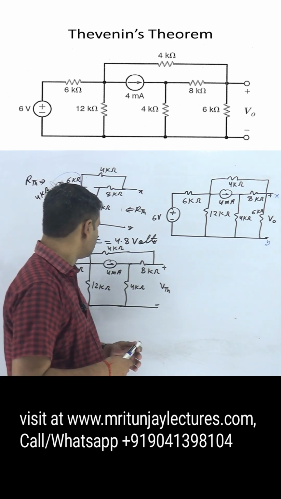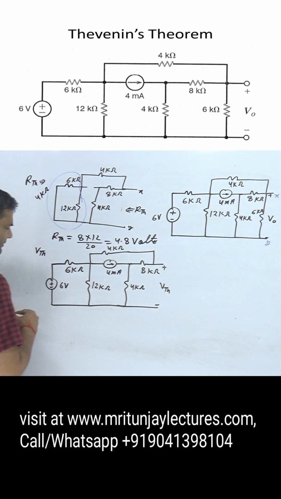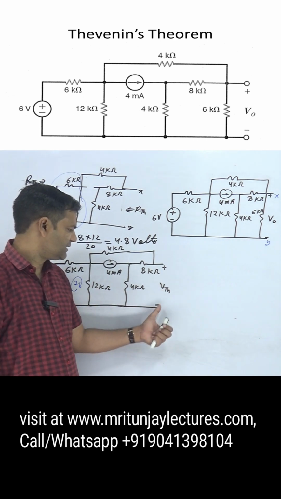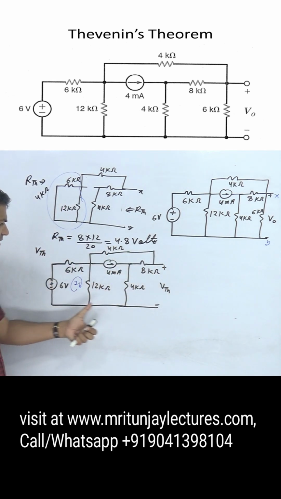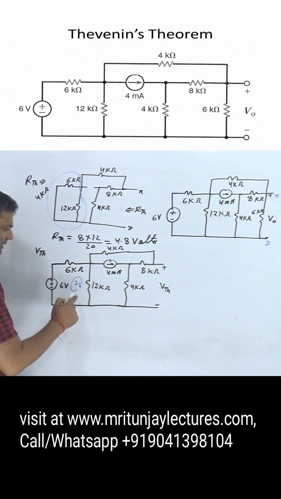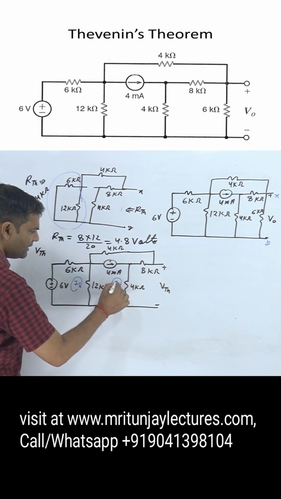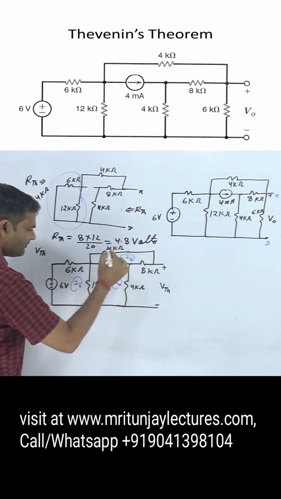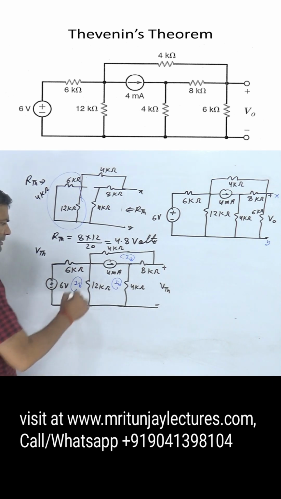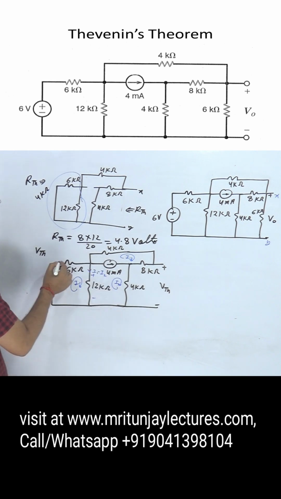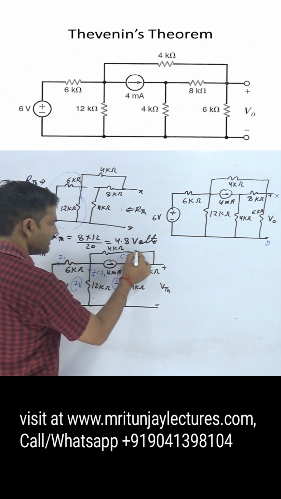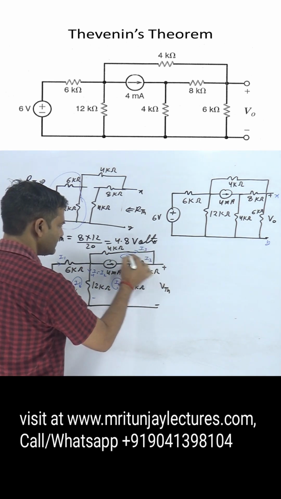After that, you know that if you apply loop current I1, our motto to determine VTH means follow this path, or follow this path. Clear? Now if we consider that is loop current I1, here loop current I2, and here loop current I3. Now here branch current I1 minus I2, and here I1, here I3, here I3.